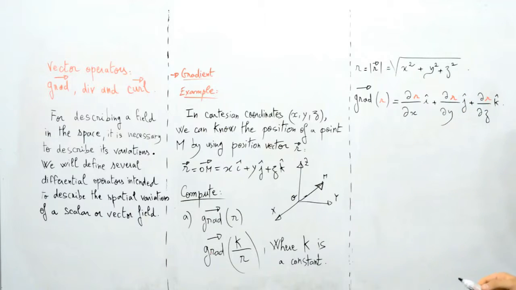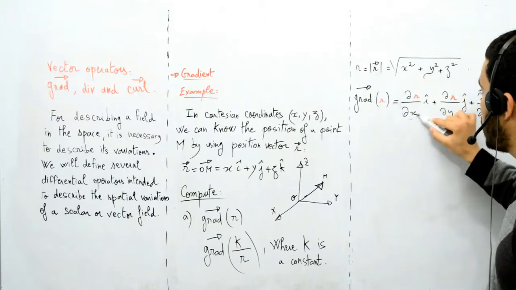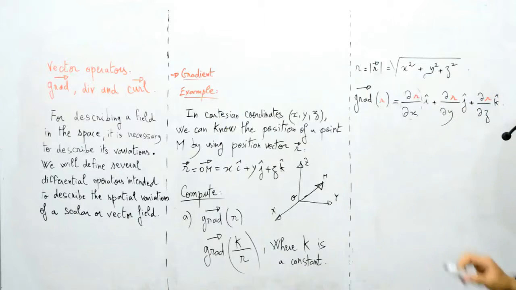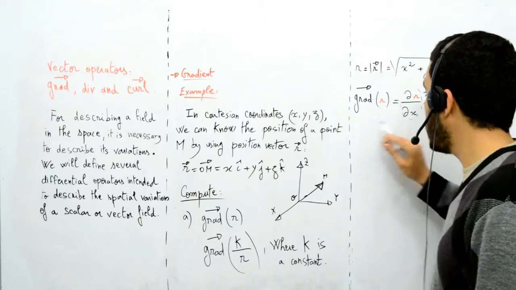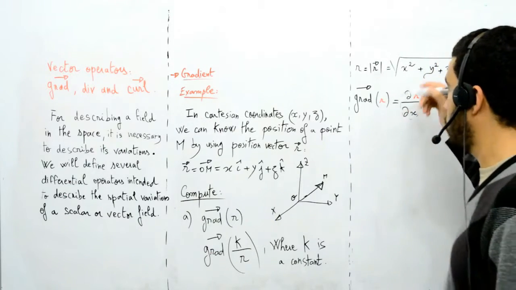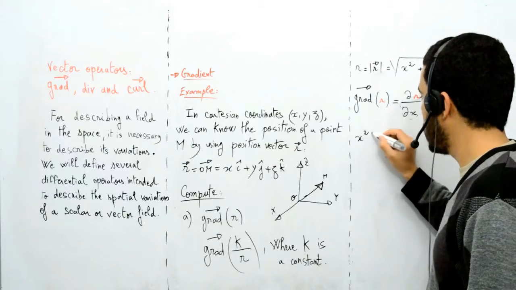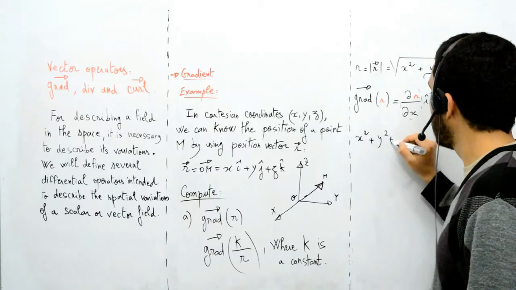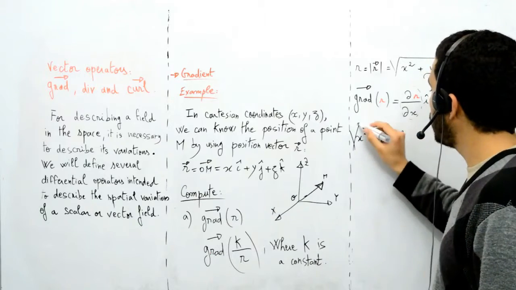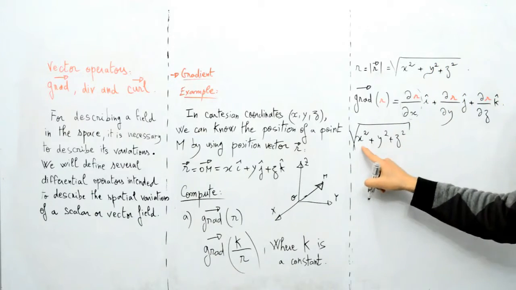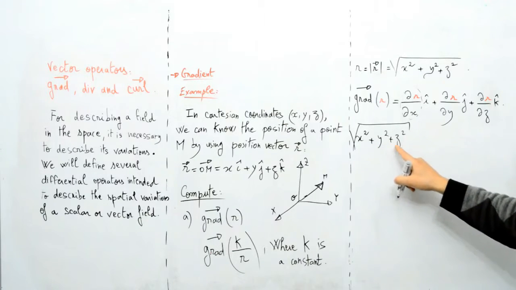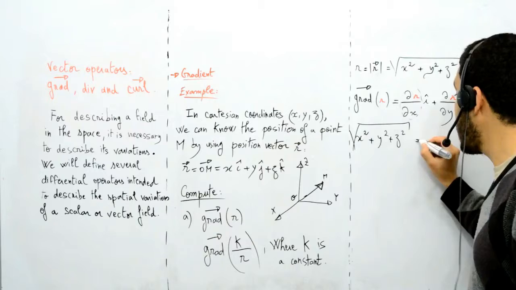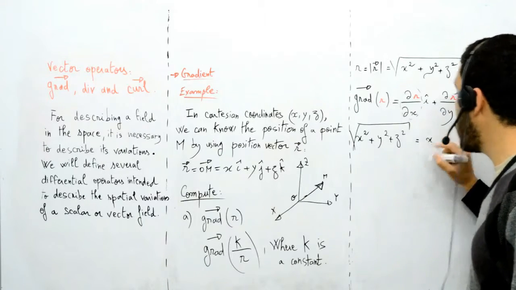I want to simplify this derivative. I have here this square root. If I want to simplify this derivative, I use the power. That means the square root of x squared plus y squared plus z squared is exactly this quantity to the power of 1 over 2.